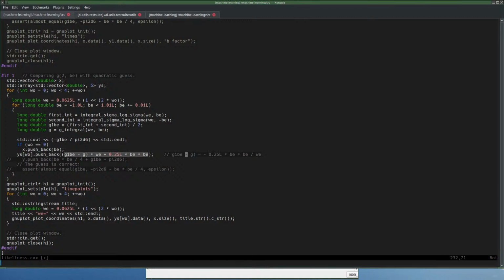G plus that, where this is equal to G. And I'm currently returning exactly that, so we have to add this to the return value. Let's see if that works. G integral.